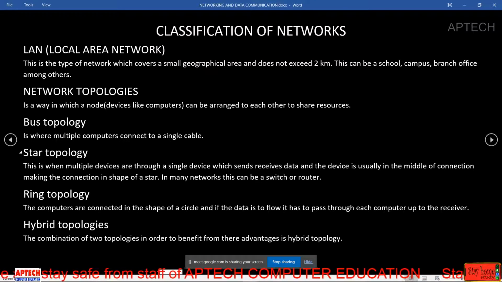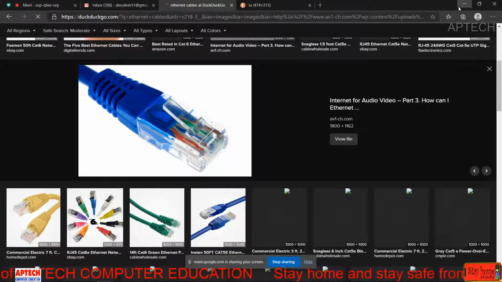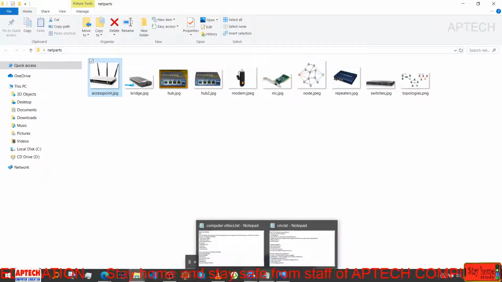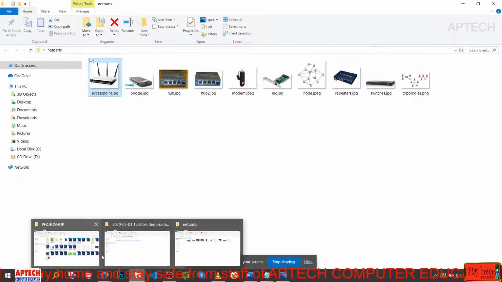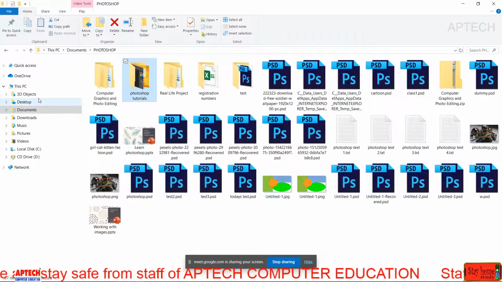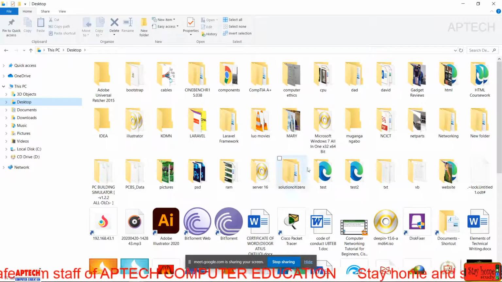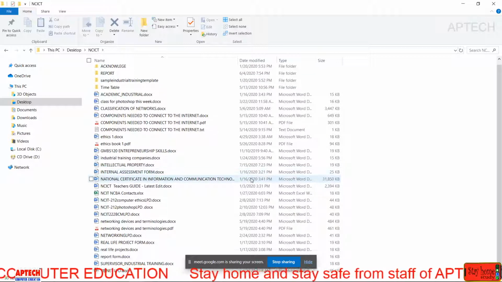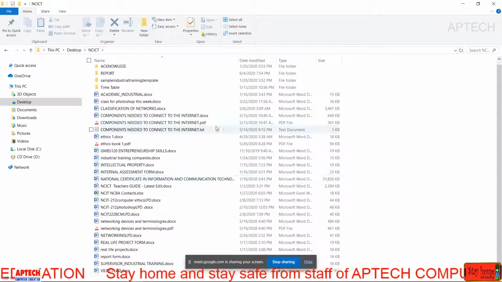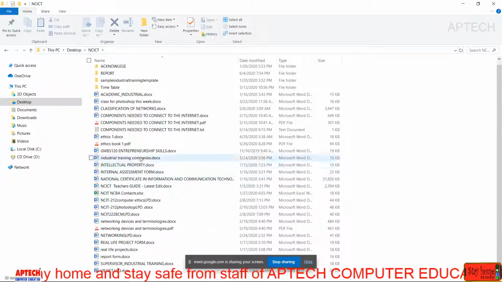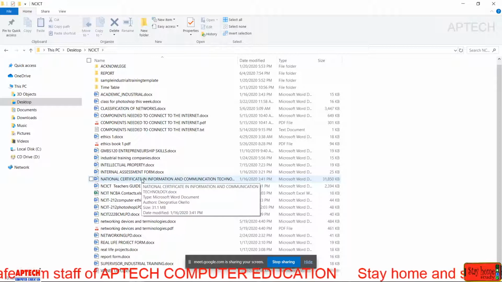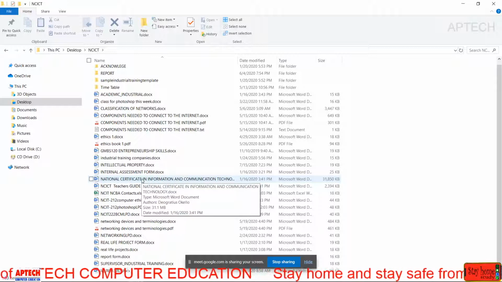Our classifications of networks. I have a very good slide for this. I remember I created it, and I actually sent it in the group. So if you take the time to go through it. Do you remember the classifications of networks? Class A, class B, and class C? We're not talking about IP addressing, we're talking about classification of networks.